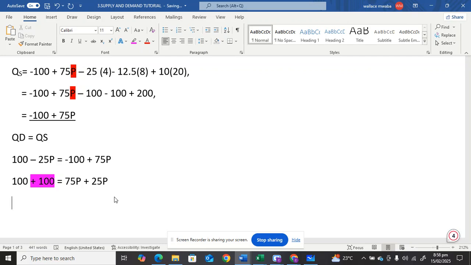So 100 plus 100 is 200. 75p plus 25p is 100p. To get the value of P, divide both sides by 100. So P is going to equal 200 over 100.